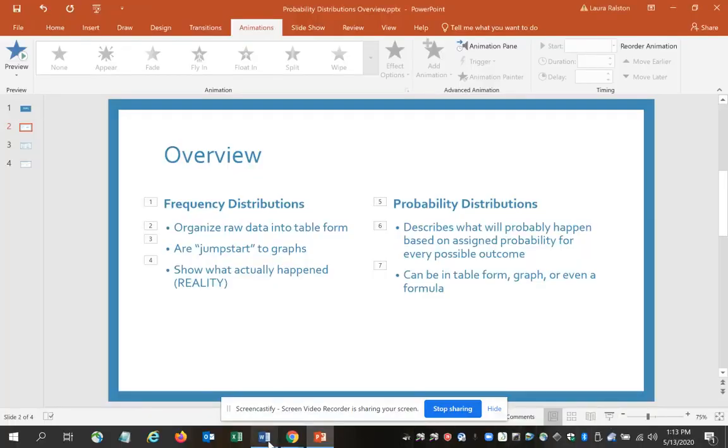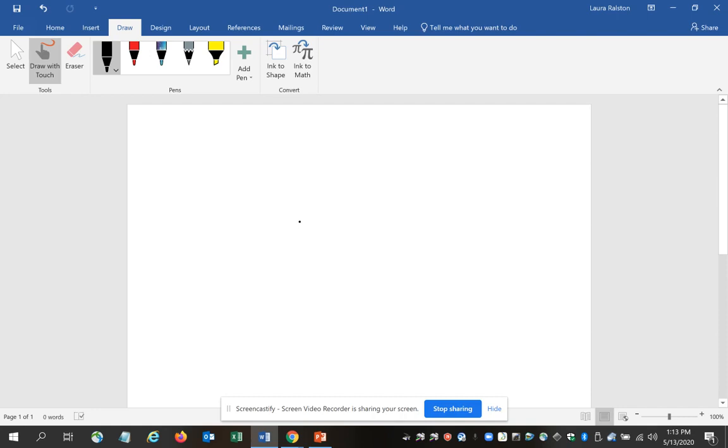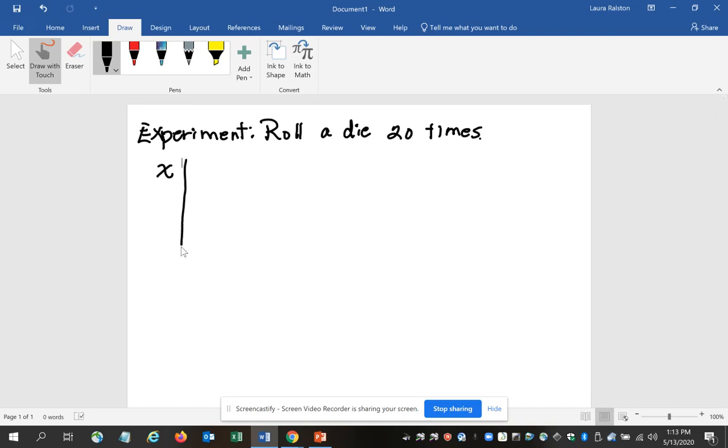For example, if we think about our experiment as being that we're going to roll a die 20 times. And then we roll the die 20 times, and as we do that, we record how many times we roll a 1 or a 2, a 3, a 4, a 5, and a 6.